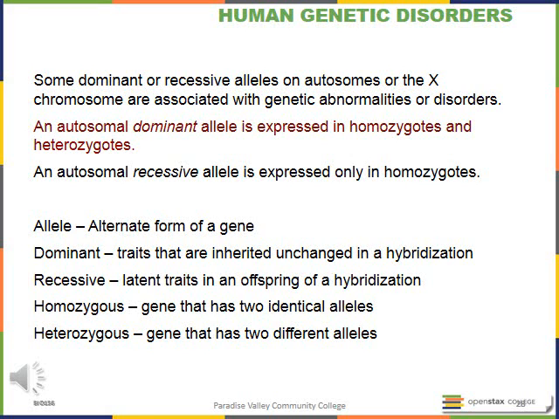The autosomal recessive allele is expressed only in homozygotes. And here's why. A homozygote has two identical alleles. They both can be dominant, and they both could be recessive. It's not likely. Usually it's one or the other.